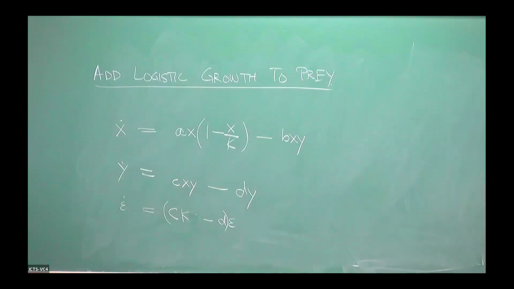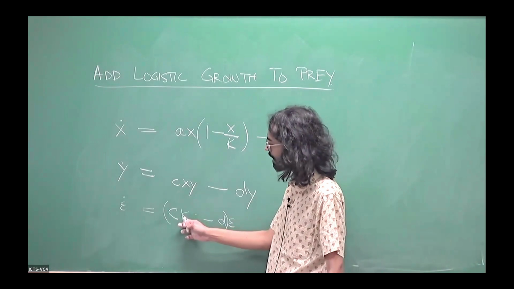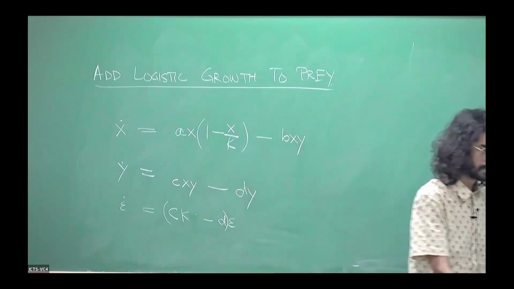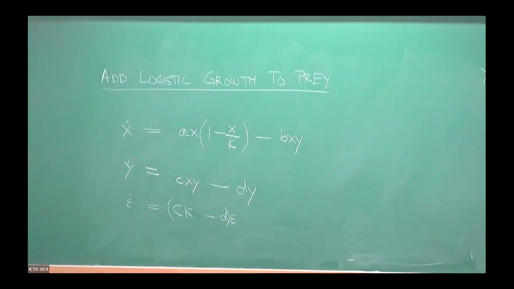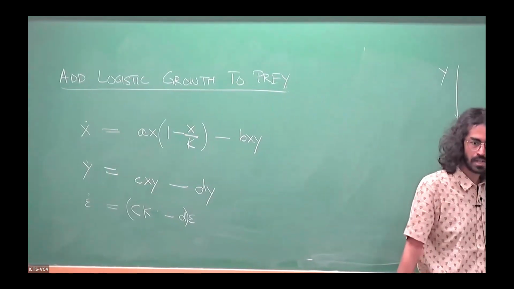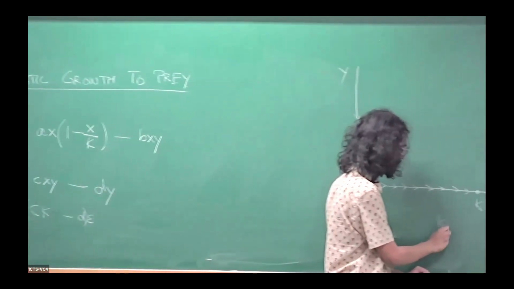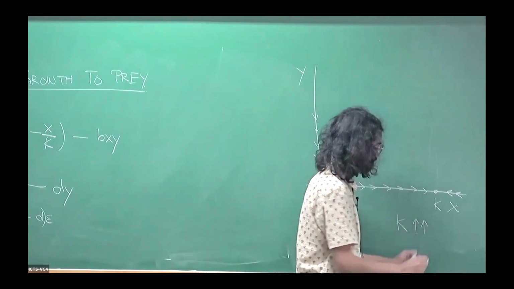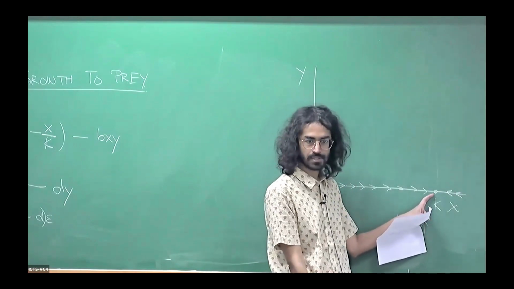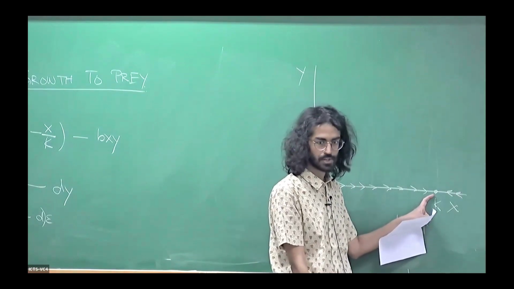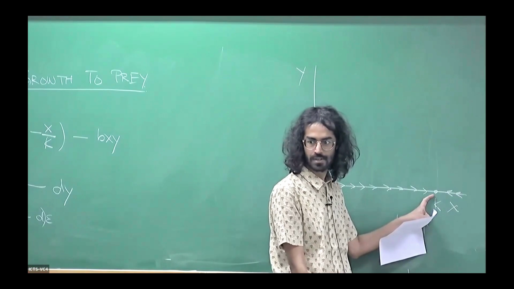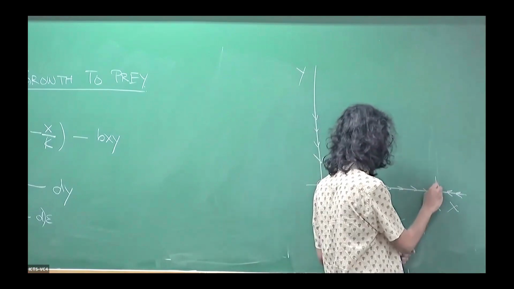Right? Okay, so let's just consider a case where this carrying capacity of the prey is large. In that case, let's vote. Is this fixed point stable or unstable? K is large. Is this point stable or unstable? Ready? 3, 2, 1. Unstable, right?